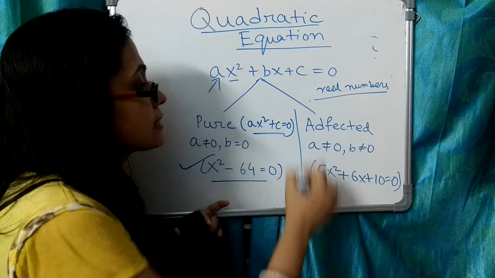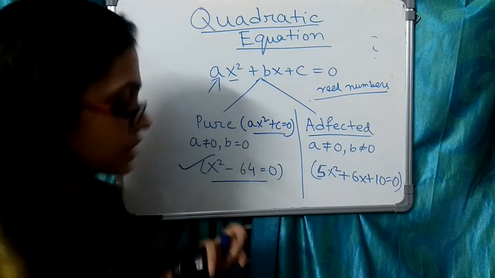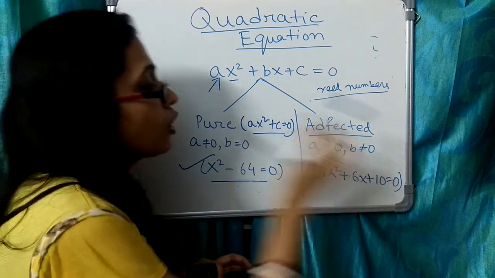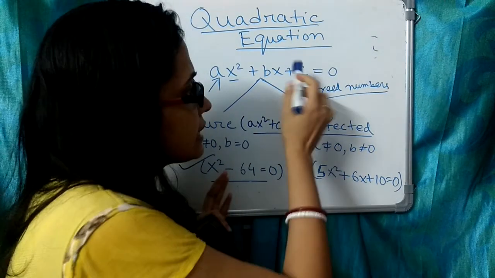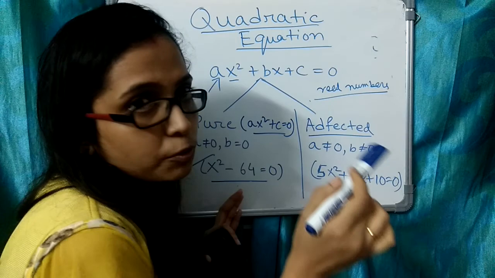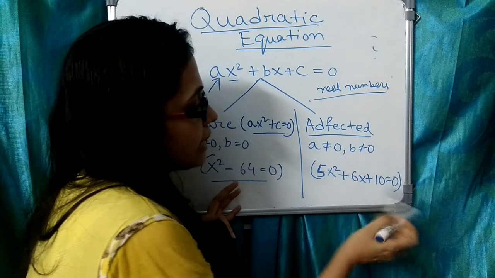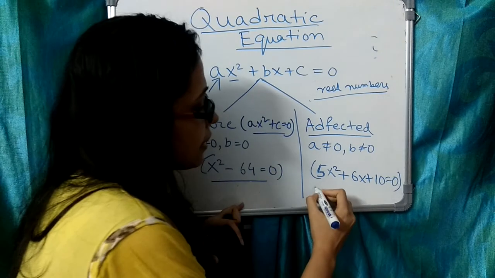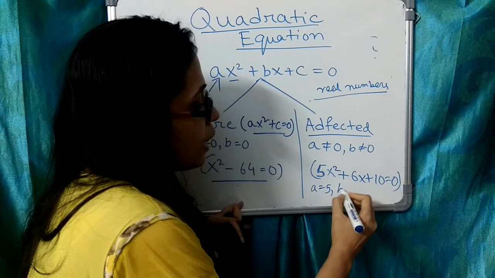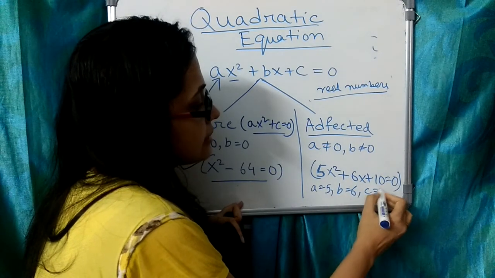The second is the adfected quadratic equation. Adfected means b will not be equal to 0. That is, the standard form of the equation itself is known as the adfected quadratic equation. And the example I have written is 5x square plus 6x plus 10 equals to 0. Here a is equal to 5, b is 6 and c is 10.